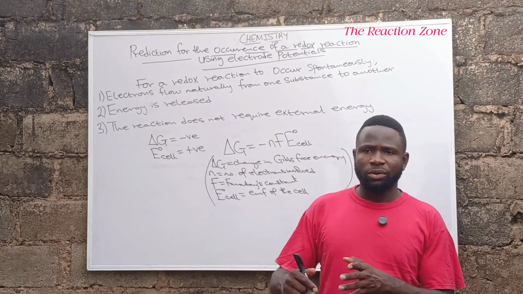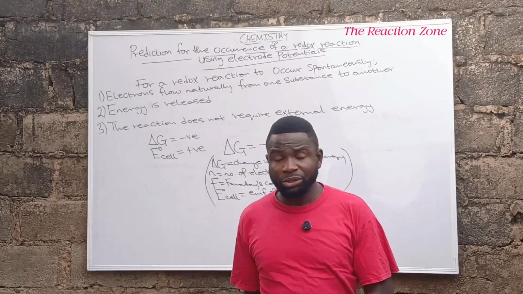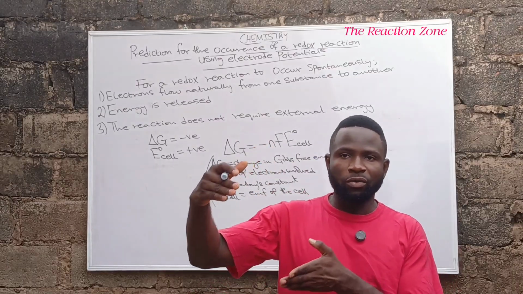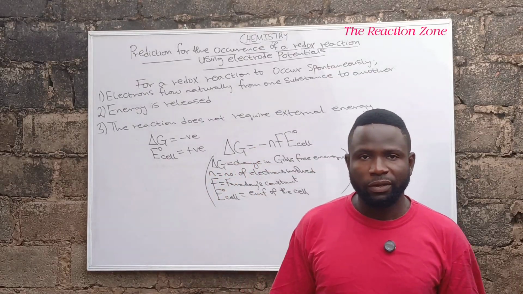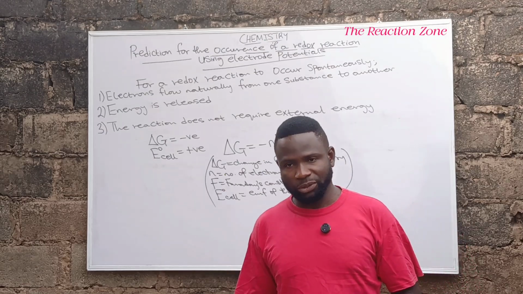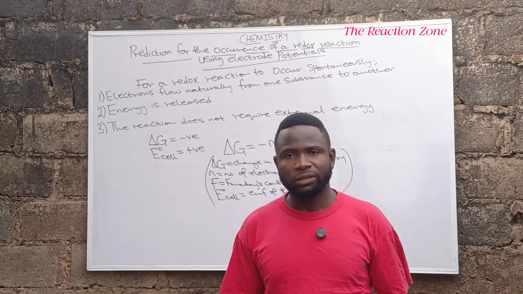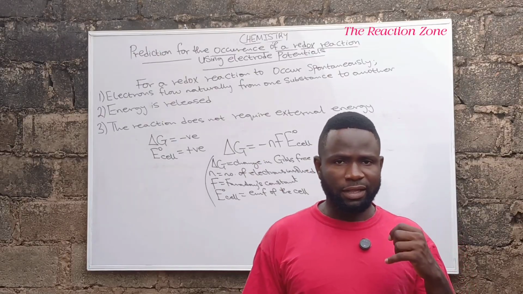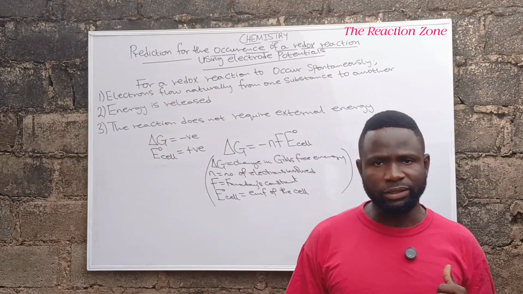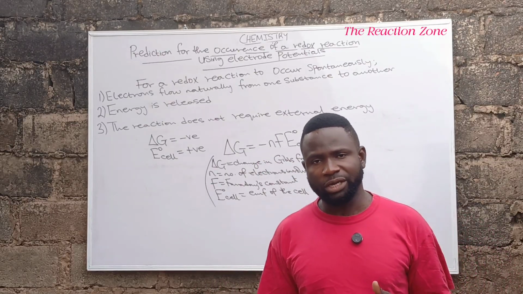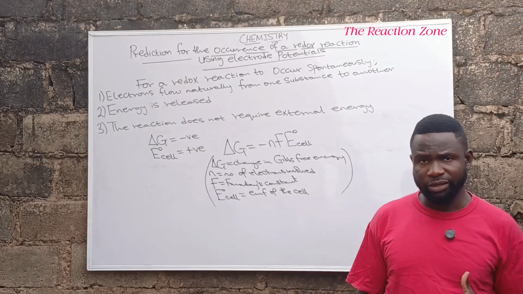So, using electrode potentials given in the question, calculate the EMF of the cell. If the EMF of the cell is positive, by positive I mean greater than 0, then it means that redox reaction is spontaneous and is going to occur naturally.